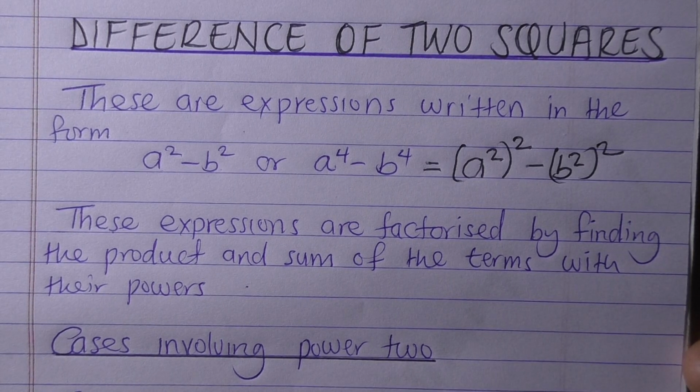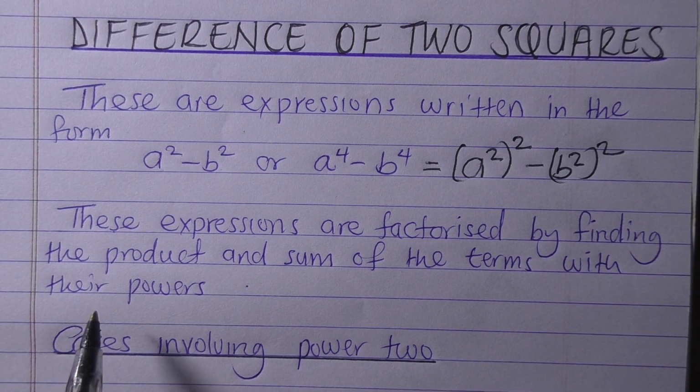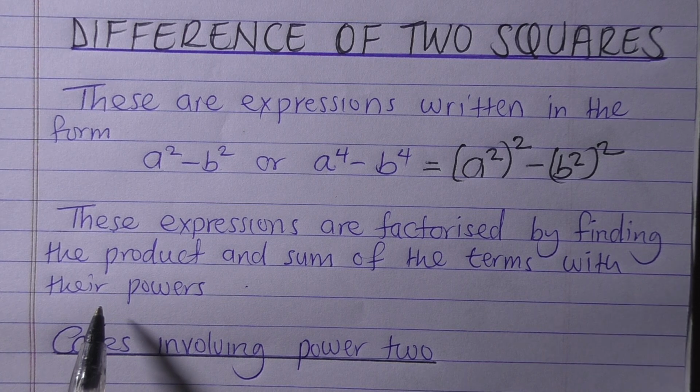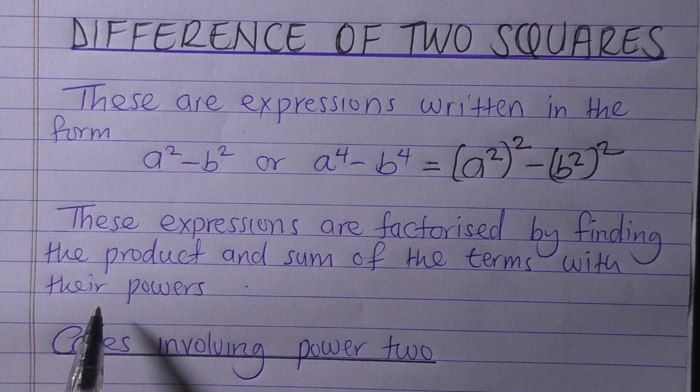That's why we also consider it as a difference of two squares. Otherwise, these expressions are factorized by finding the sum and the product of their terms. Actually, we find the product of the sum and difference of their terms with their powers.